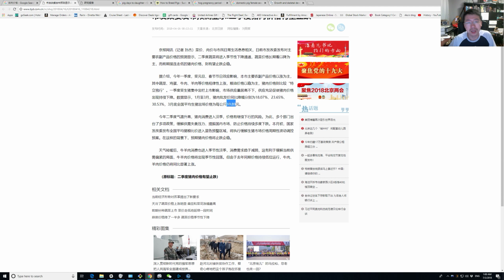So at the moment, it is. The cost typically is about 11 or 12 yuan per kilo. I got that from a website, it's all in Chinese, but it's targeted to pig farmers.